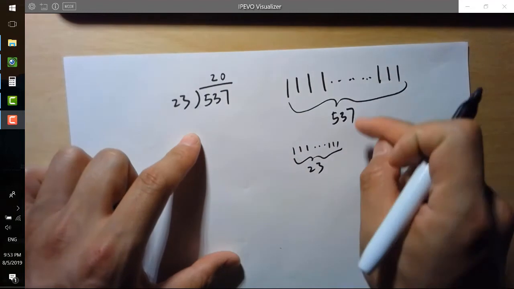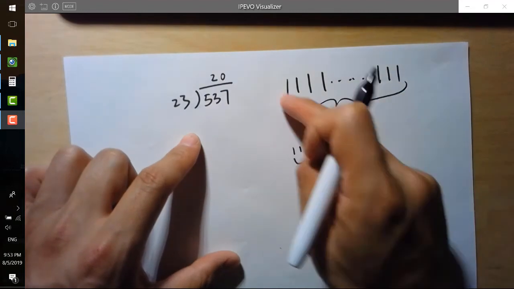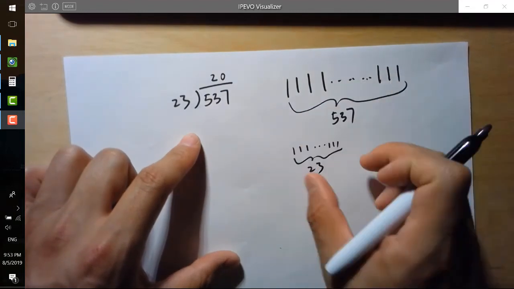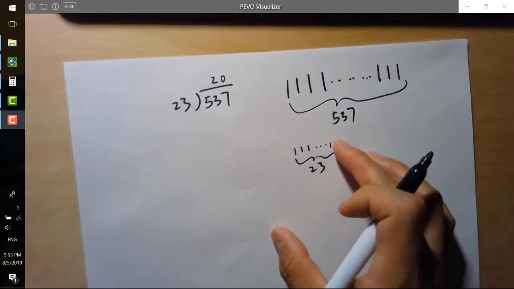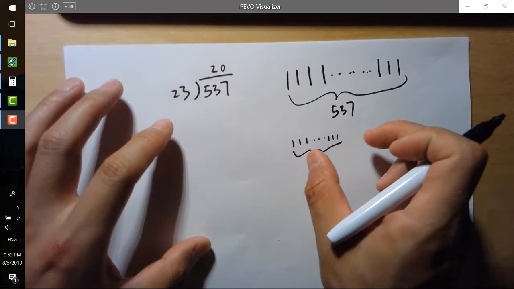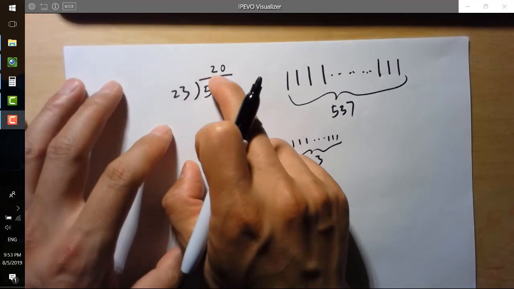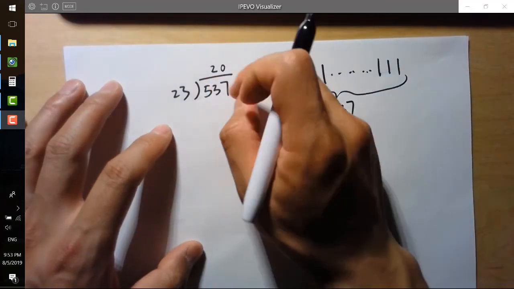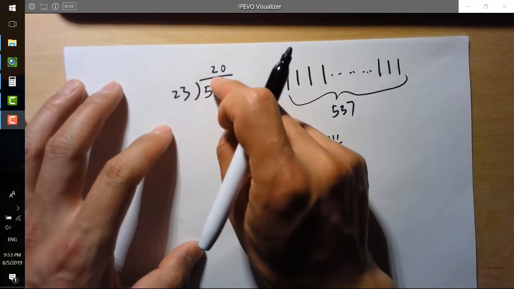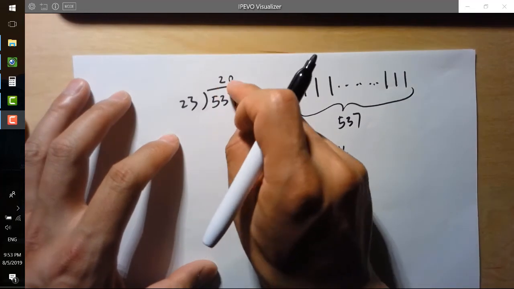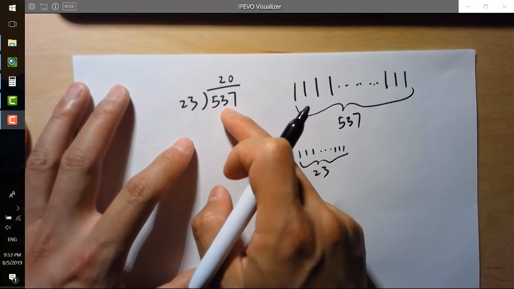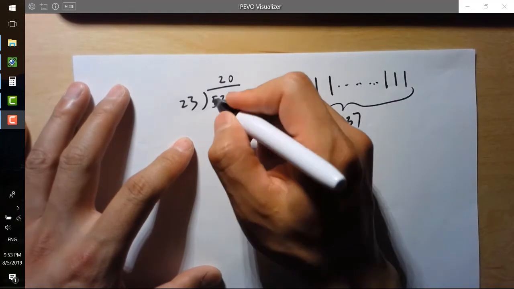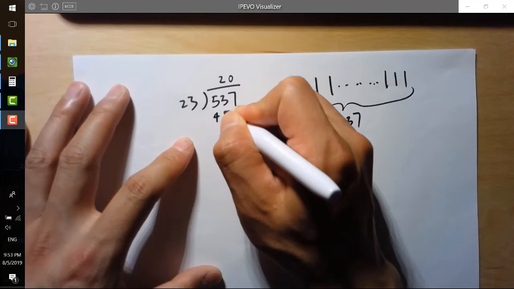So when you are dividing this entire amount of rods into several groups of 23s, we are trying to group them in a bigger number first. So in the first step, at least you have 20 of 23 in here first. Okay, so 20 times 23 will be 460.